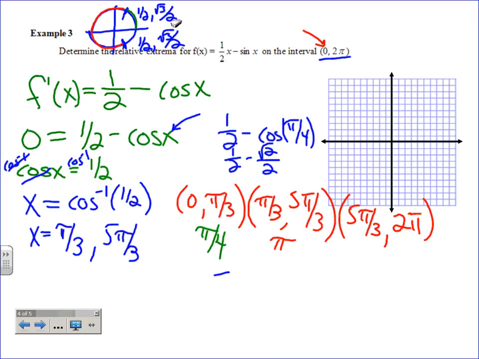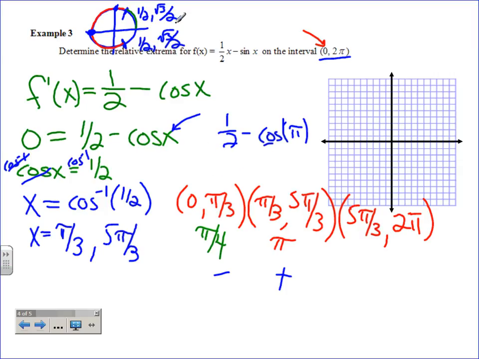So cosine at pi, that's over here, right, is? Yeah, so it's 1/2 minus a negative 1. Positive. Now, pi over 2 would have been easier because cosine there is 0. Another good choice would have been 3 pi over 2 because it's also 0. But anyways, it's positive anyways.